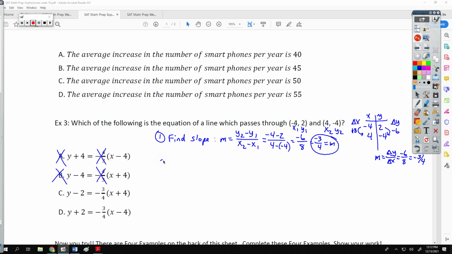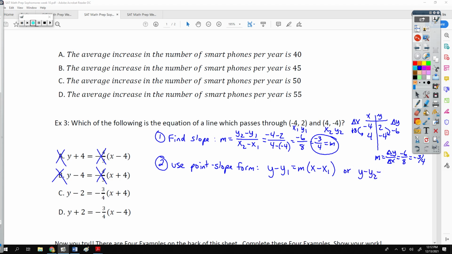So from there, it looks like we need to use point slope form, which again is something that is not on your reference sheet. So you need to know that point slope form is y minus y1 equals m times x minus x1. Now, there are 2 possibilities here, because you could also plug in the other point.